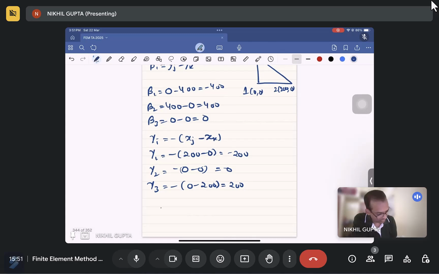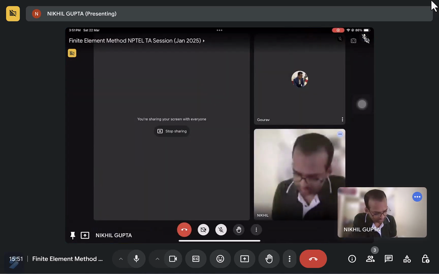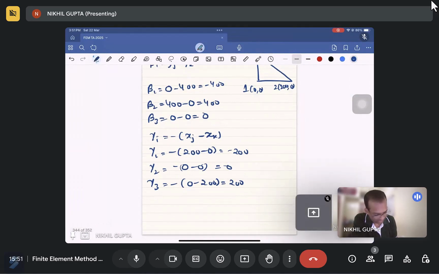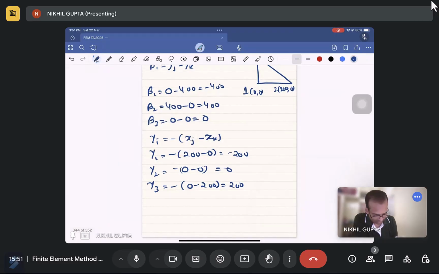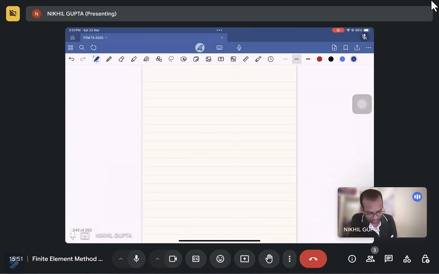And if you calculate the area, we need 2A, so I will calculate 2A only. So 2 times 1 by 2 times 200 into 400, this will give you the value. Now we'll put the values in the B element.